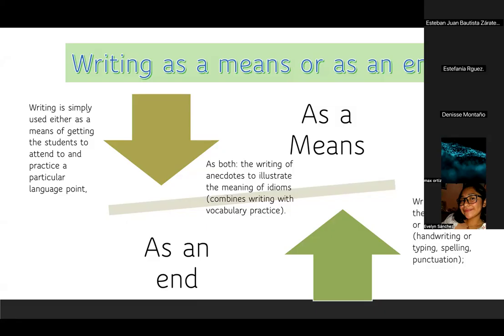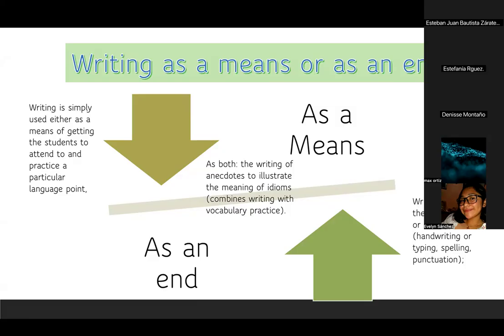Nevertheless, when you are designing a lesson, you cannot only focus on the perspective of writing as a means or writing as an end. You have to adopt a balanced perspective, as the writing of anecdotes to illustrate the meaning of idioms combines writing with vocabulary practice.